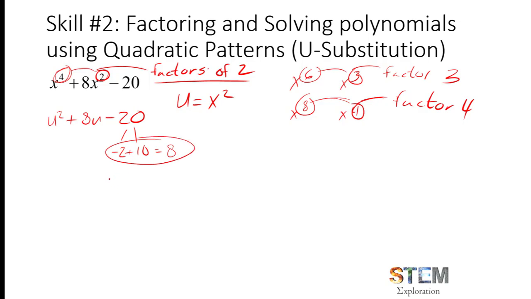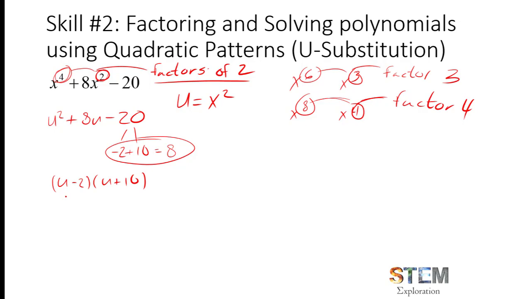So what this allows us to do, still using the u terms, is we can say u minus 2 times u plus 10 is the factored version of this quadratic trinomial, but we're doing it in terms of u.